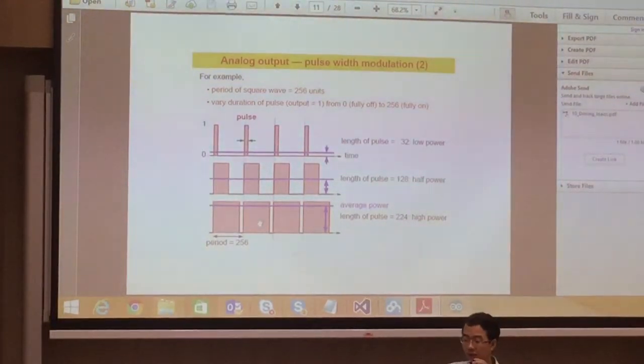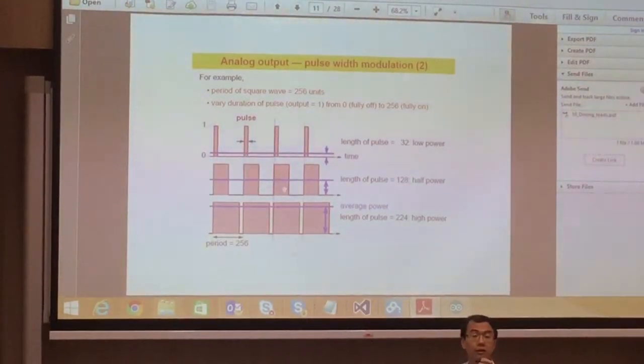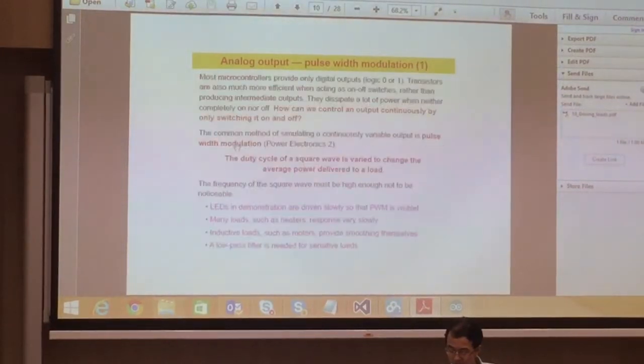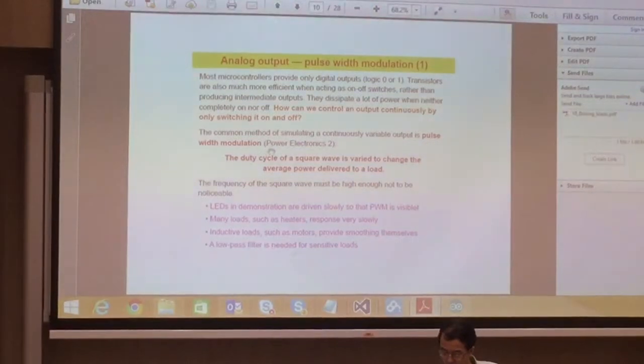Next I will show you one program, and you will see the difference here. This one we call the duty cycle. We use the duty cycle to change the average power delivered to the load.